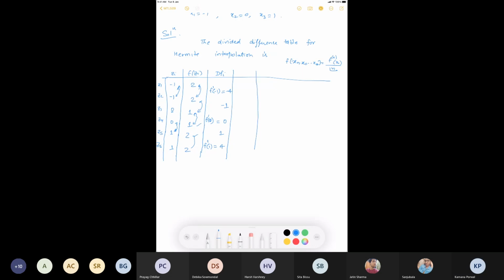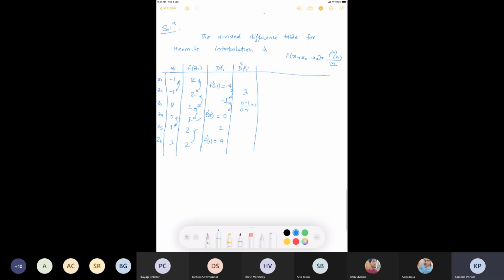Okay. Now we have found this, we can find the second divided differences. This is going to be the difference of these divided by 0 minus -1, so it is simply going to be 3. For this, we have 0 minus 1 divided by 0 minus 1, which is 1. And this is 1 minus 0 divided by 1 minus 0, which is 1 again.